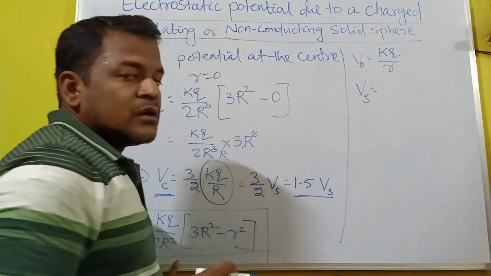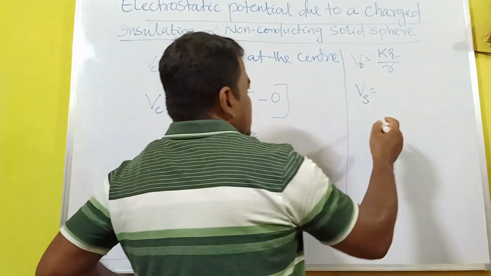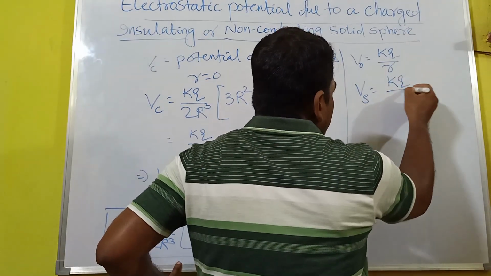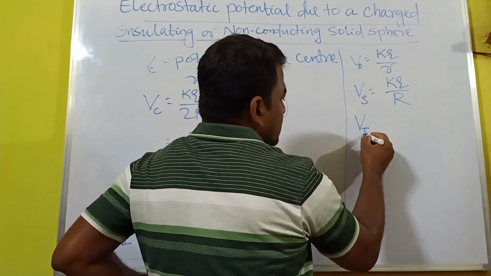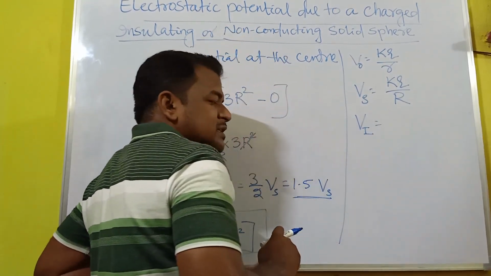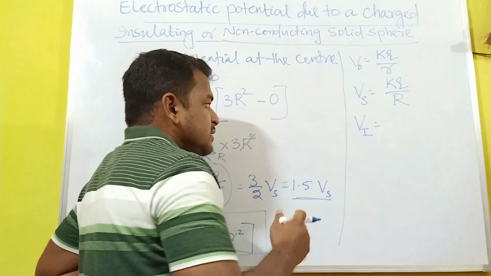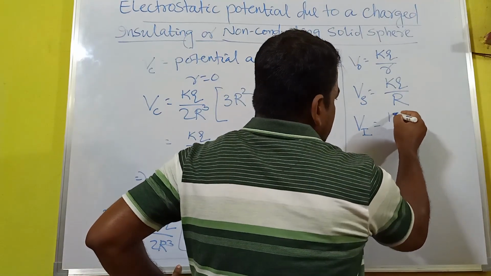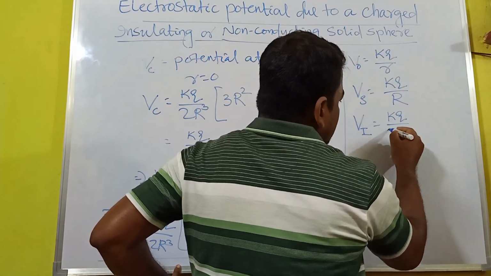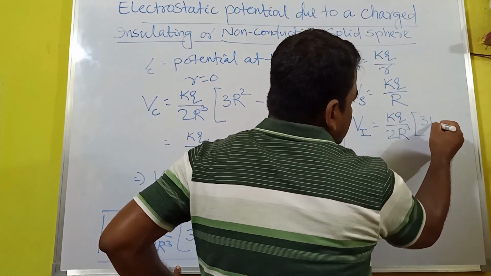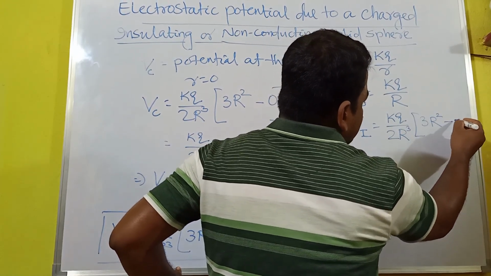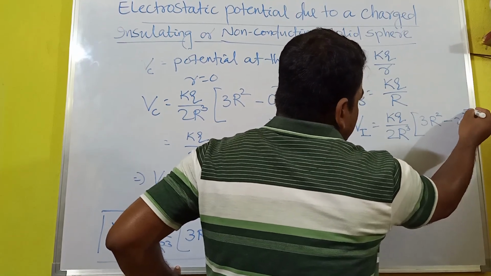Potential on the surface is how much? kq upon capital R. Potential inside the sphere is how much? kq upon 2R cube, 3R square minus small r square.